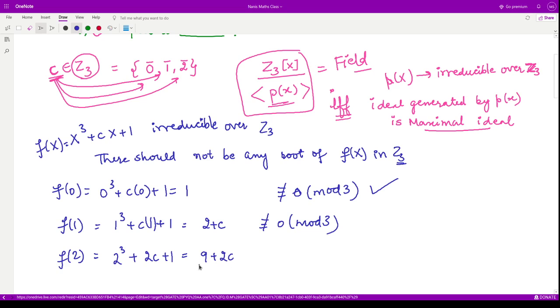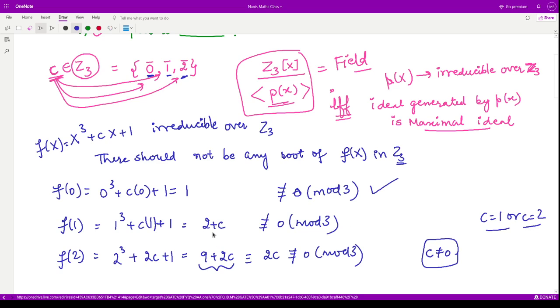Now if you divide this whole thing by 3, you'll have the remainder 2c, and this should also not be equal to 0 mod 3. So from this last expression, we know c could have only three values, 0, 1 or 2. So c cannot have 0 value, and we are only left with c equal to 1 or c equal to 2.